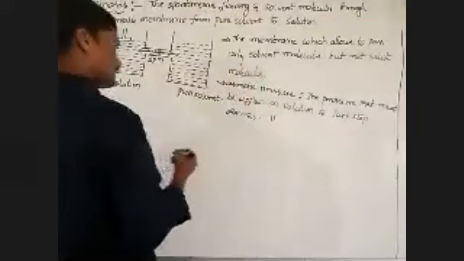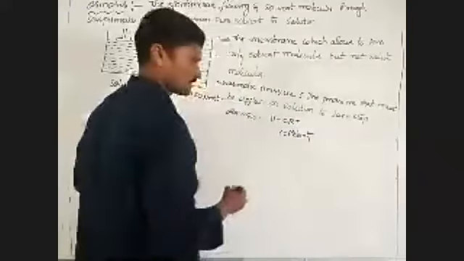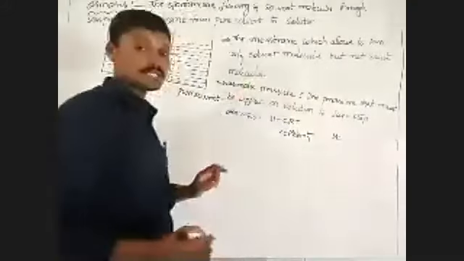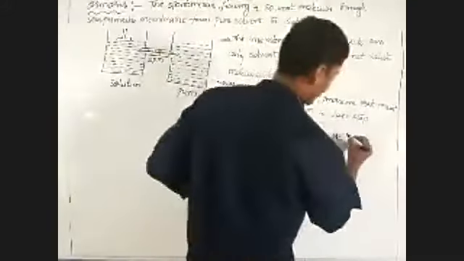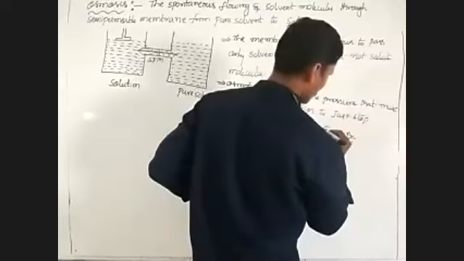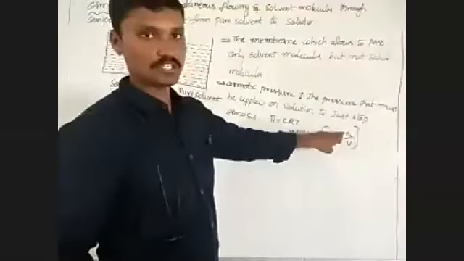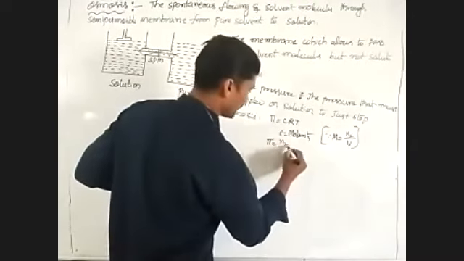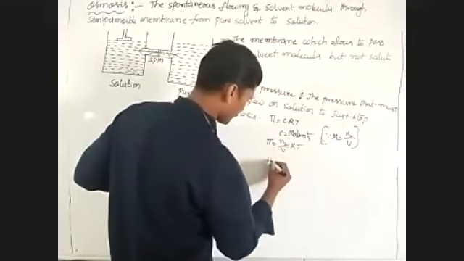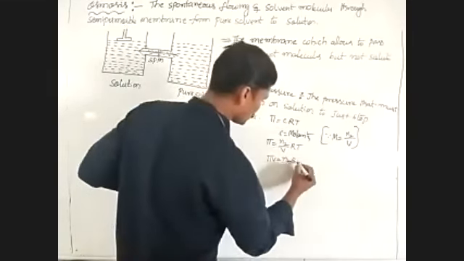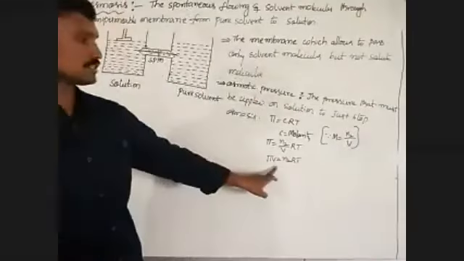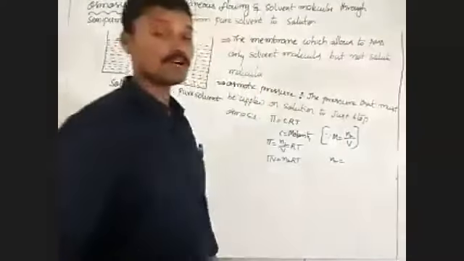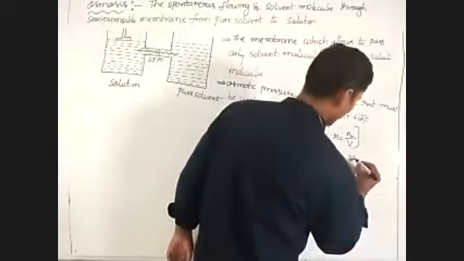C is nothing but molarity, the number of moles of solute per volume of solution, that is n2 by V. n2 is the number of moles of solute, V is volume. Then phi is equal to n2 by V RT, that means phi V is equal to n2 RT. Here n2 means number of moles of solute, that is weight by molecular weight.